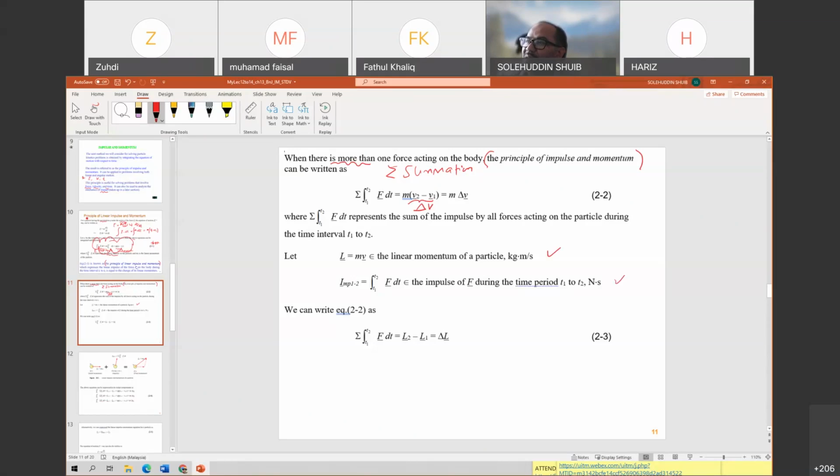So therefore, this equation 2.2, we can write as the following.